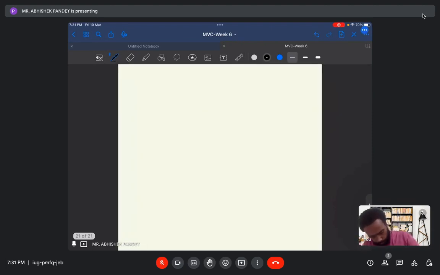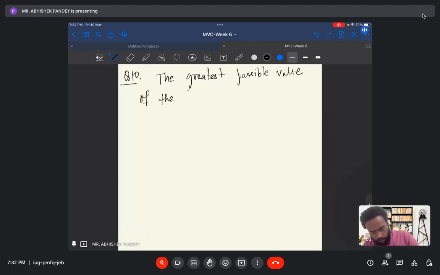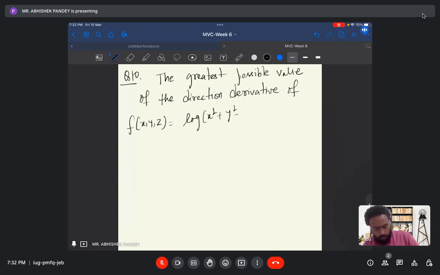Question number 10 is: the greatest possible value of the directional derivative of f of x y z equal to log of x square plus y square plus z square at the point (1, 1, 1) is equal to this. We need to find it out.